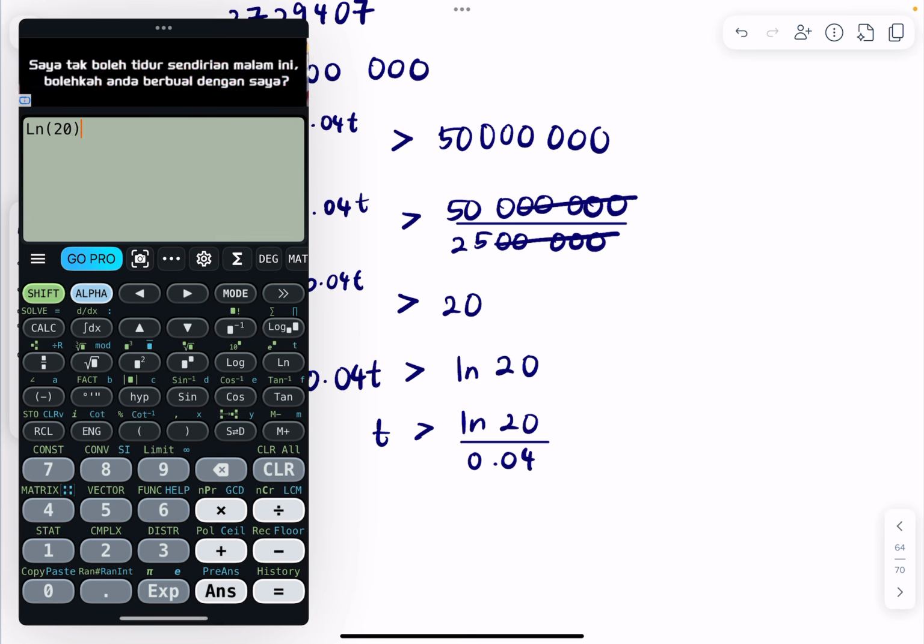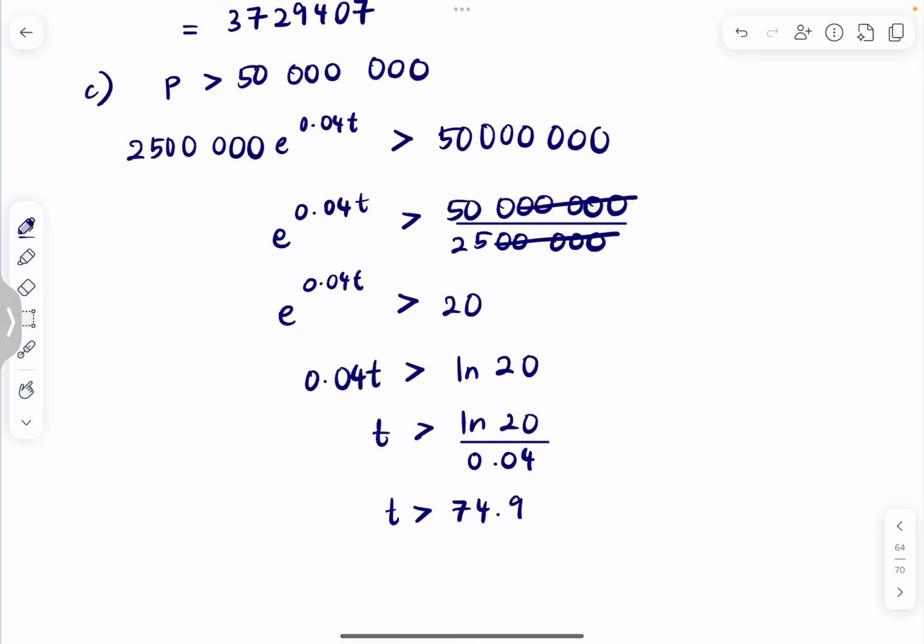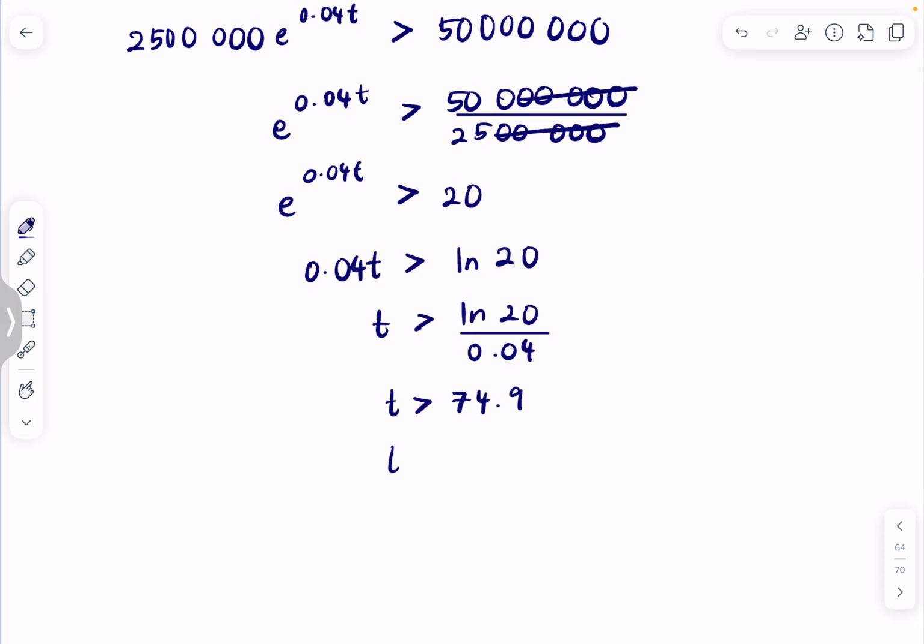Ln 20 divide 0.04, we get 74.9. But T cannot take decimals, so T has to be a whole number. So if T is more than 74.9, T can be 75 years.